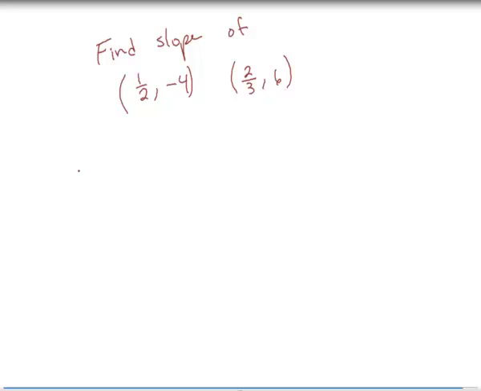If at the very least you remember slope is rise over run, you can probably get to the formula on your own. The formula is y2 minus y1, the difference in the y's, the rise, over x2 minus x1, the difference in the x's, the run.